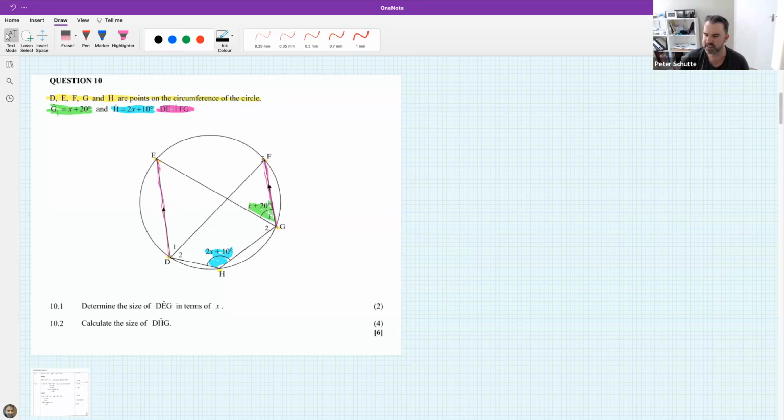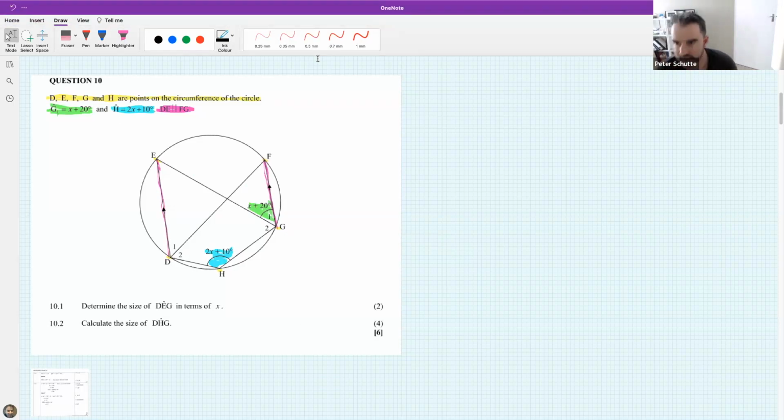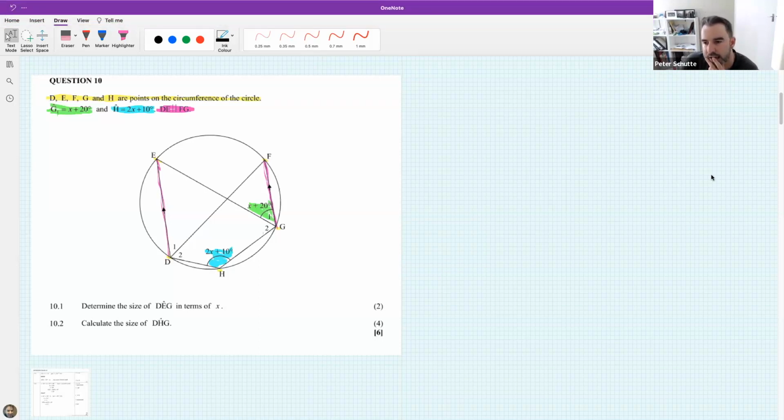So before we start, let me know in the chat what theorems you think might be involved in this question. There's not really a right answer. I just want to know what theorems are popping up in your head. Put them in the chat, or you can raise your hand and we can unmute you. What do you think?